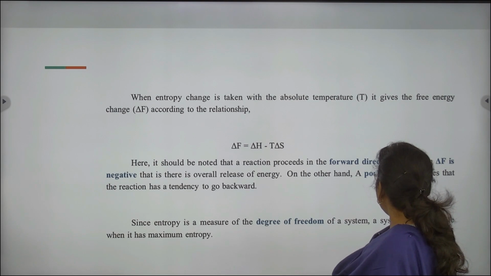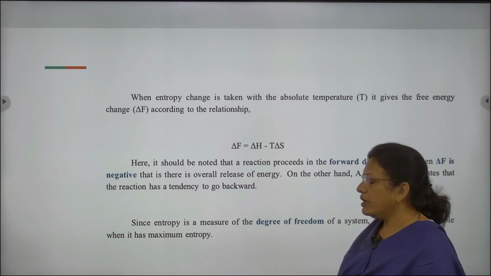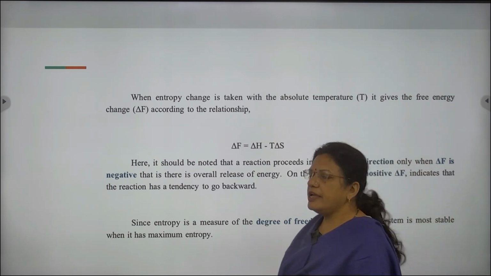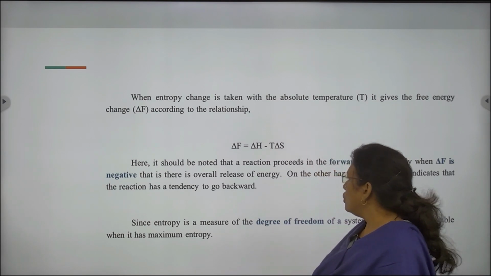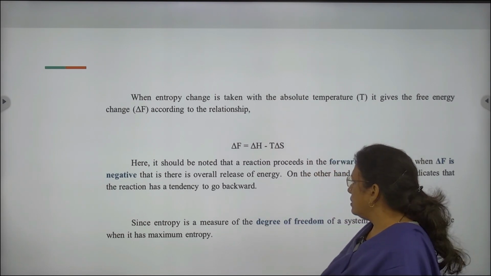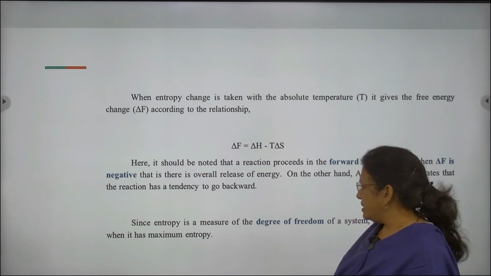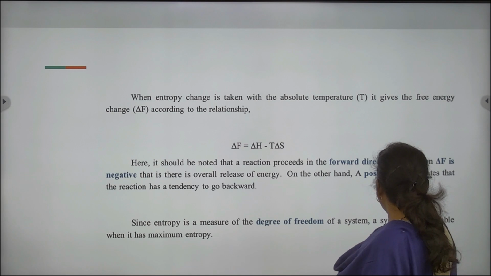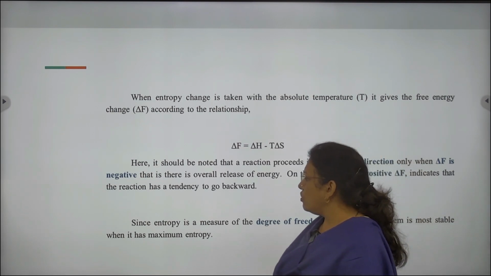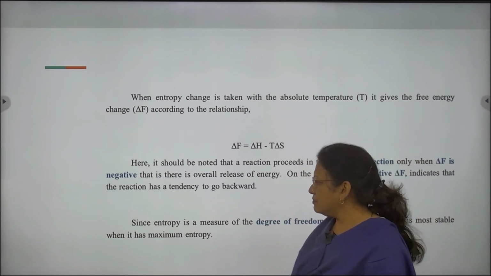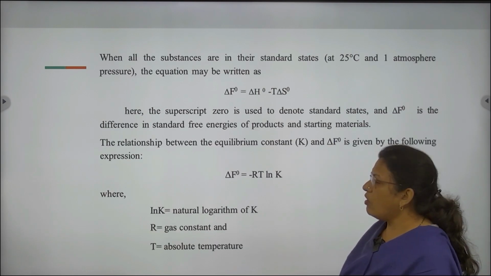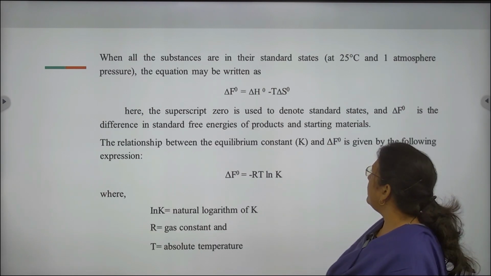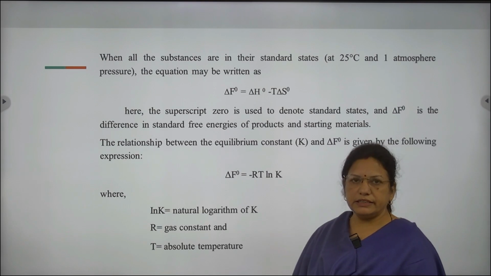On the other hand, a positive delta F indicates that the reaction has a tendency to go backward. Since entropy is a measure of the degree of freedom, a system is most stable when it has maximum entropy.